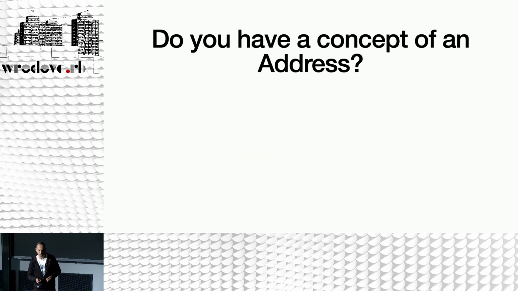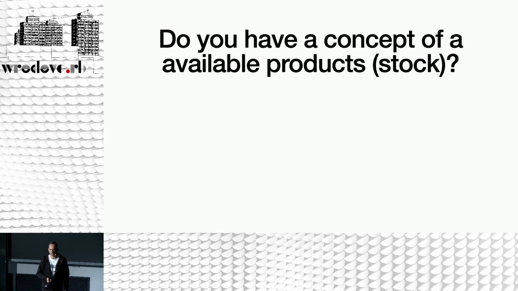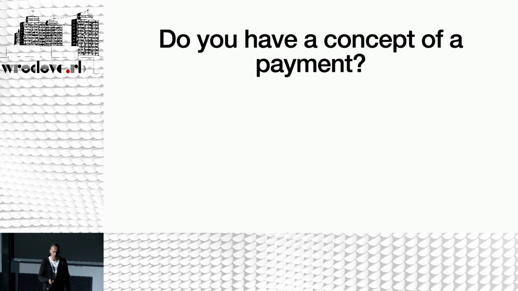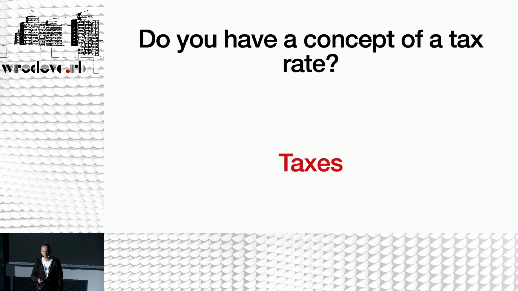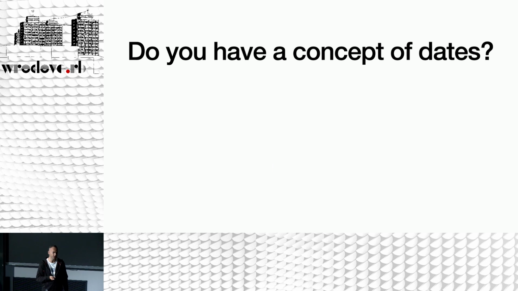If you have an address, you probably have shipping. If you have a concept of available products or you're selling some e-commerce stuff, you have a concept of inventory. And if you have a concept of payment, you have a domain of payments. And if you have a concept of a tax rate, maybe, then you have a domain of taxes. And if you have a concept of invoices, invoicing. If you have a concept of dates, generic dates, you have a domain of calendar.